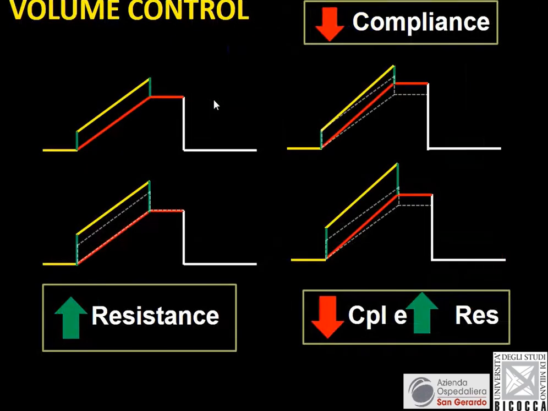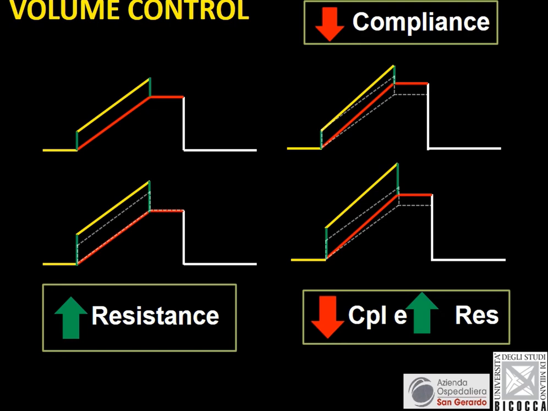generate the flow. What I like of volume control ventilation with a square flow is that just by switching the patient in this mode for a few breaths, you immediately get a measurement of compliance, resistance, and this will provide a very important guidance to your treatment. So just looking at peak inspiratory pressure doesn't tell you much.